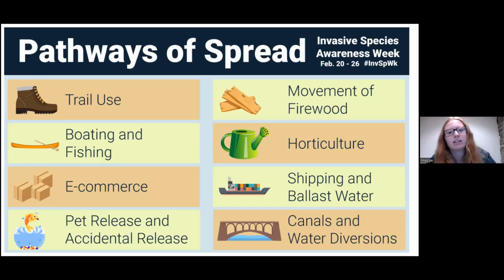That's the main introduction for species like emerald ash borer, for example. They can also spread through trail use. If people have been walking in an area where there are invasive species, the seeds can be picked up on your boots and things like that, and they can spread to wherever you're walking, basically. There are quite a few different ways that they can spread, like boating and fishing, and horticulture as well.